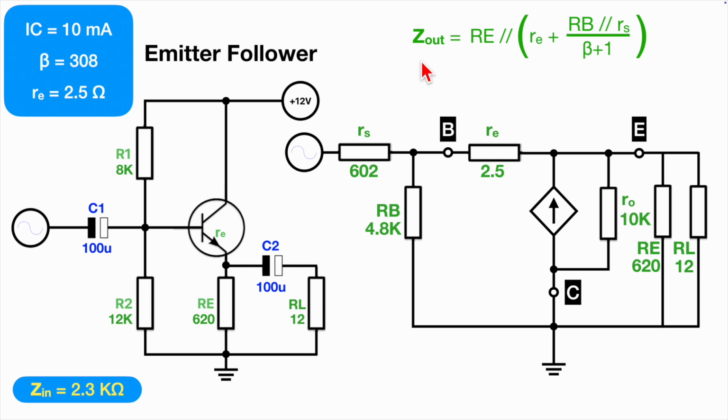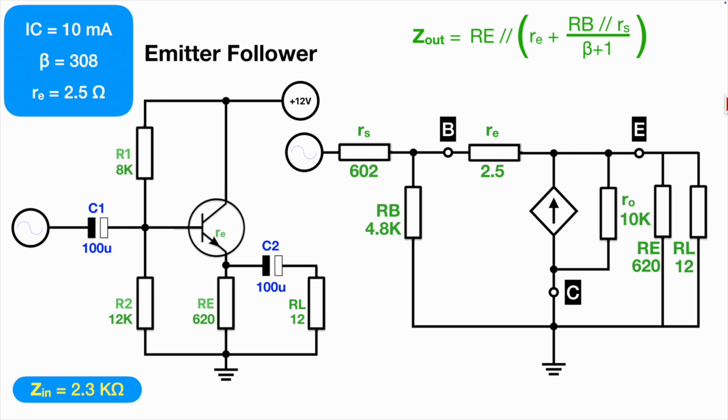So how do we calculate it? Well, it's RE, the resistor on the emitter, in parallel with all of this: R sub E plus RB here, this is the voltage divider in parallel with the source resistance, so that in parallel with that, divided by beta plus 1.